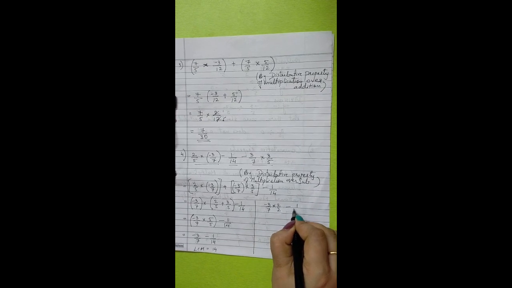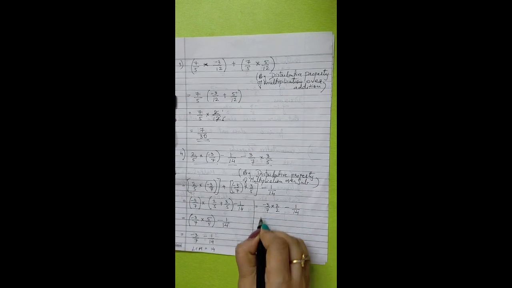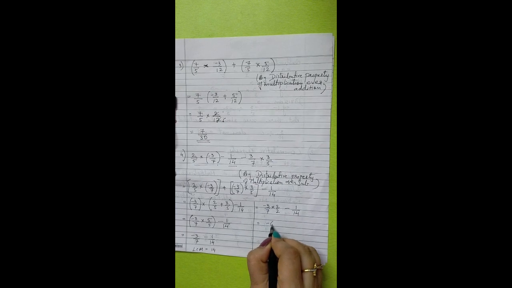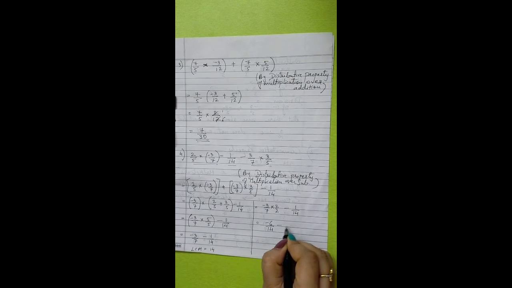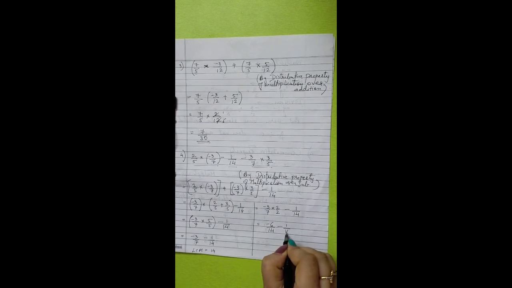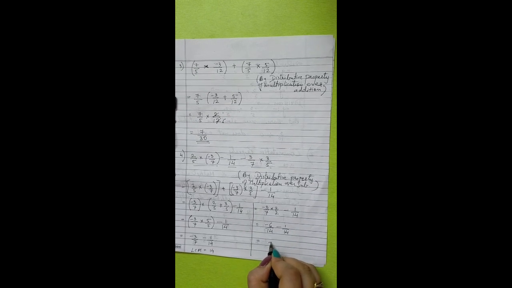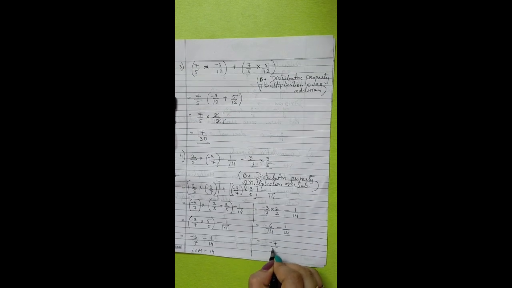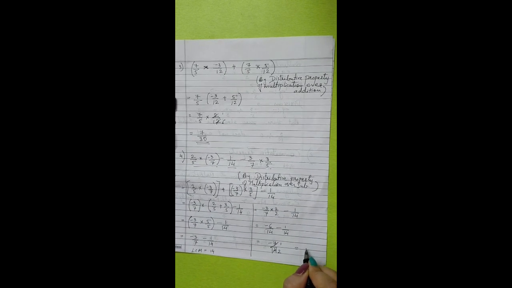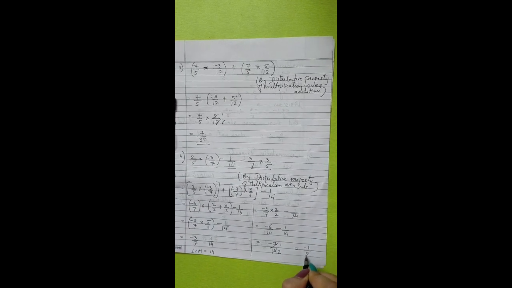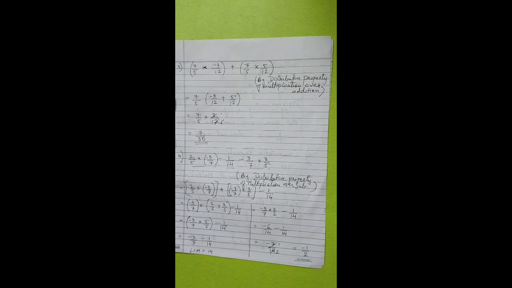Here minus 1 upon 14 as it is. So this will be minus 6 upon 14 minus 1 upon 14. So that is minus 7 upon 14. So 7 ones are 7, 7 twos are 14, and our final answer is minus 1 upon 2.